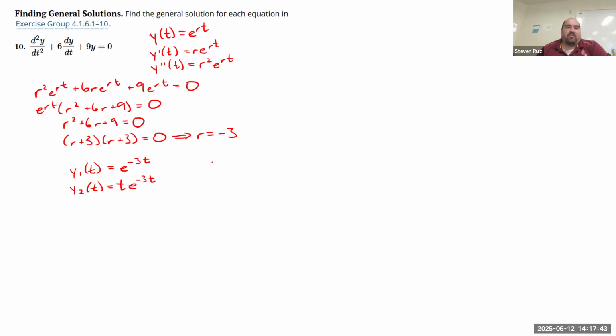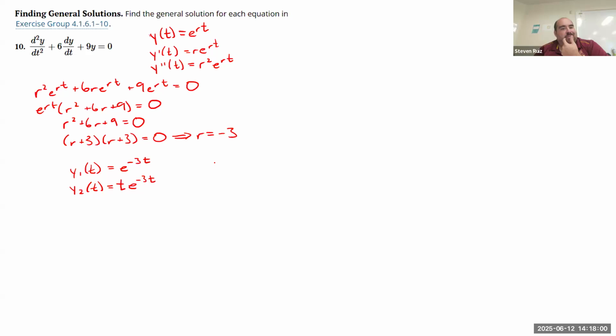So we're going to multiply it by a single power of t. And if you want, you can check for yourself that if I take the first and second derivative, it still satisfies our differential equation.